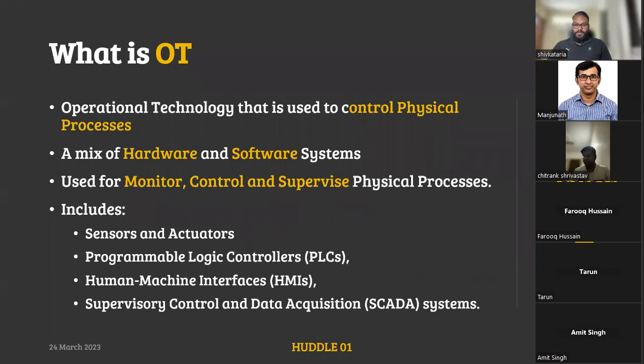Again, it is a mixture of hardware and software, and it is primarily being used for monitoring, controlling, and supervising physical processes. So take an example of, let's say, a bottling plant, and it is filling the liquid into it. So the technology here involved is, you will see there's a conveyor belt on which the bottles are rolling. So the sensor will sense, okay, now the conveyor belt is empty.